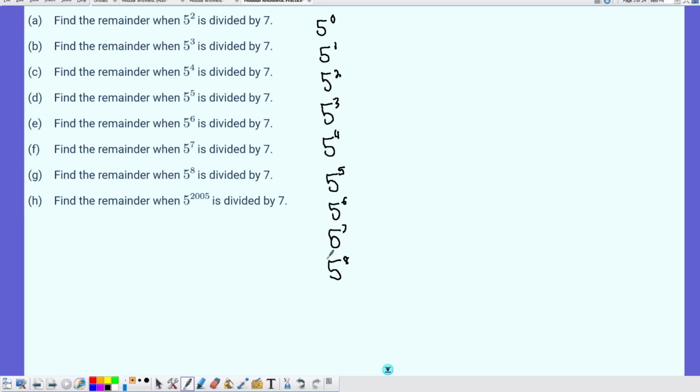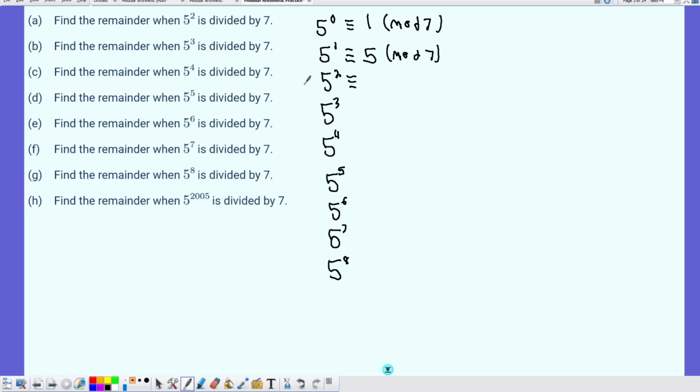Well, let's start out. 5 to the 0 is just 1, since anything to the 0th power is 1. So it'd be 1 mod 7. Five to the first power is 5, and 5 is just 5 mod 7. 5 squared is 25.